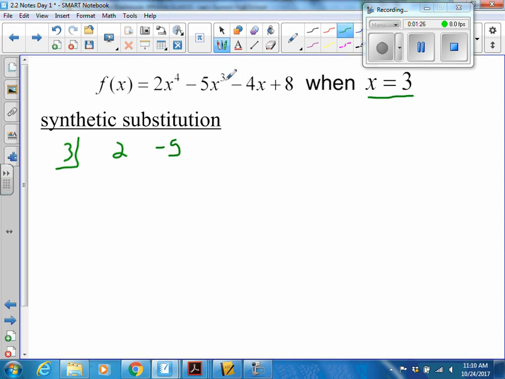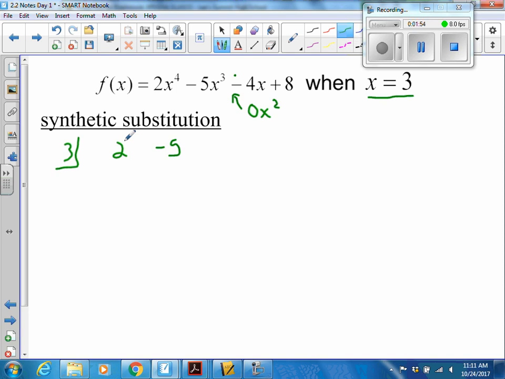We're missing a term here. In between, we would actually have x squared, but because we don't have it, we have a 0x squared. So whenever you're using synthetic substitution, you have to account for all of your exponents, even if there's not one there. If there's not one there, then you replace it with a 0.